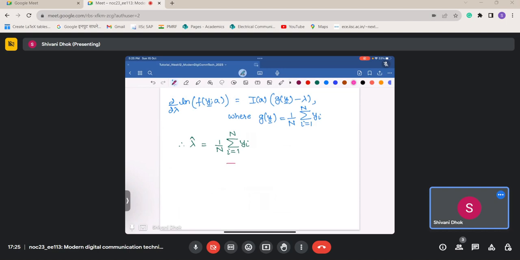So again this is MVU, this has MSE as 1 upon IA, which is simply lambda by n, and again since it achieves your Cramer Rao lower bound, this is your efficient estimate.